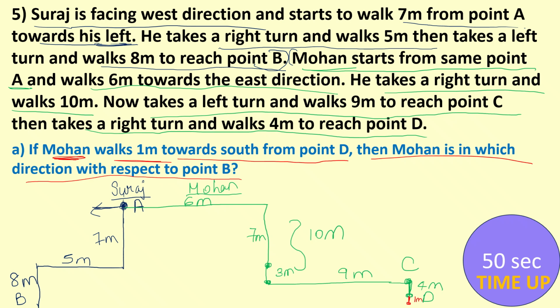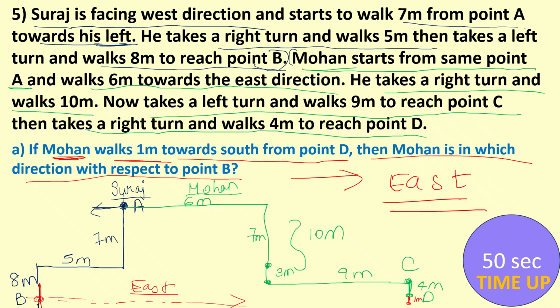This is your point D, and he walks 1 meter in the south direction from point D. With respect to point B, this will be east direction.